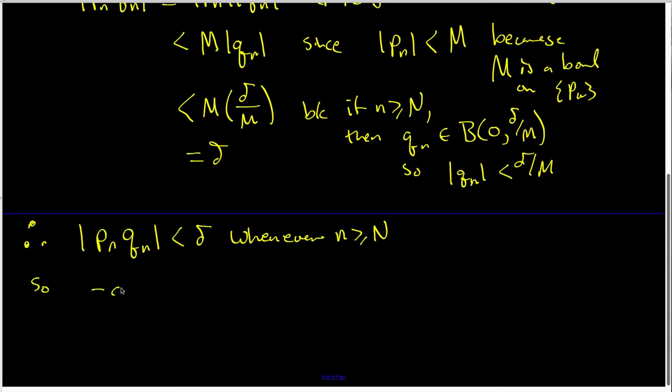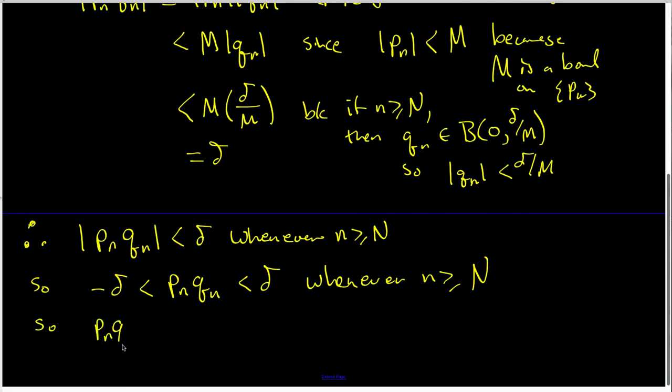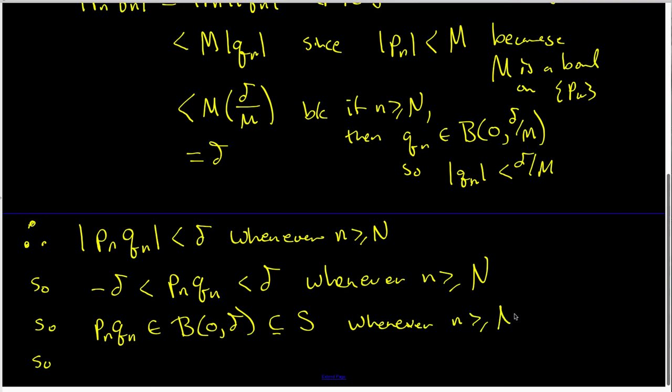So minus delta is less than Pn times Qn is less than delta whenever little n is bigger than or equal to capital N. And that says Pn times Qn is indeed an element of the delta ball centered at 0 of radius delta, which is a subset of the interval S. And this is true whenever little n is bigger than or equal to capital N.